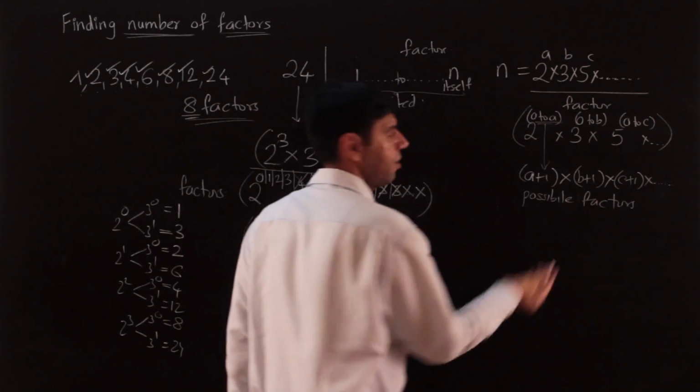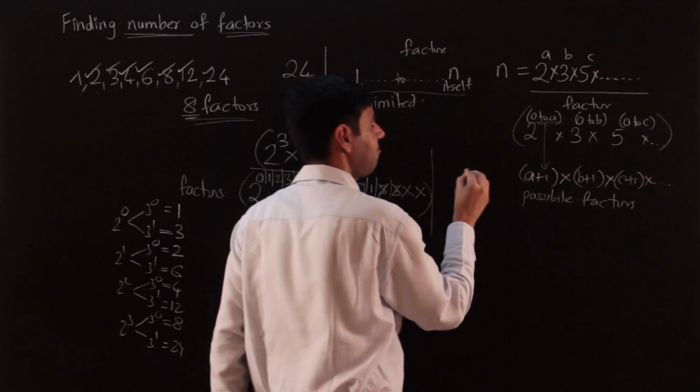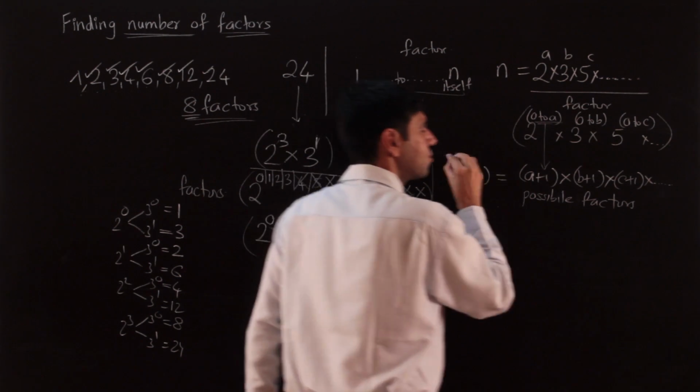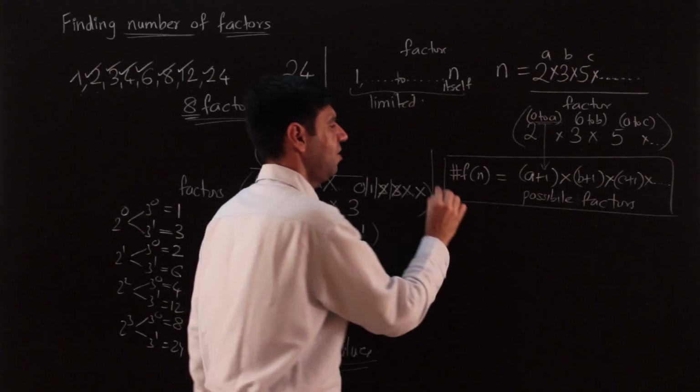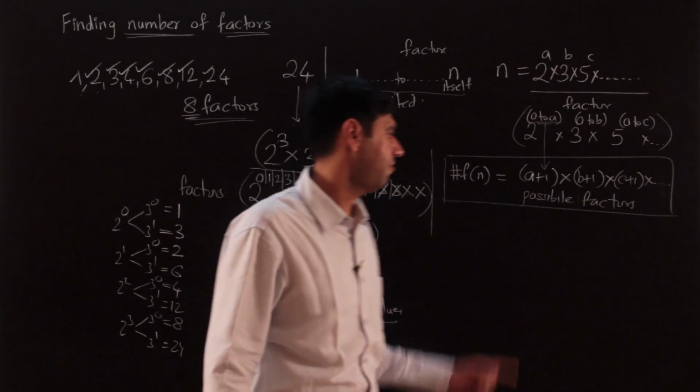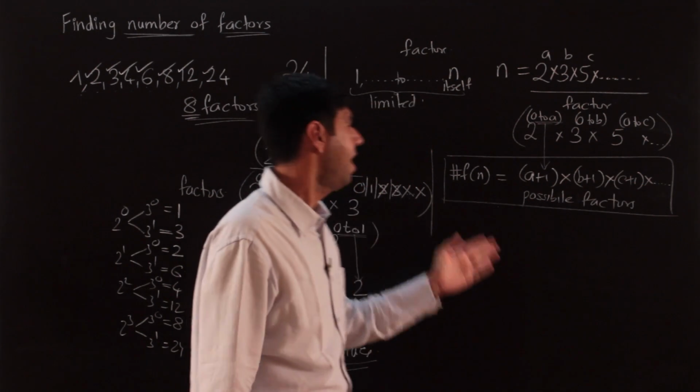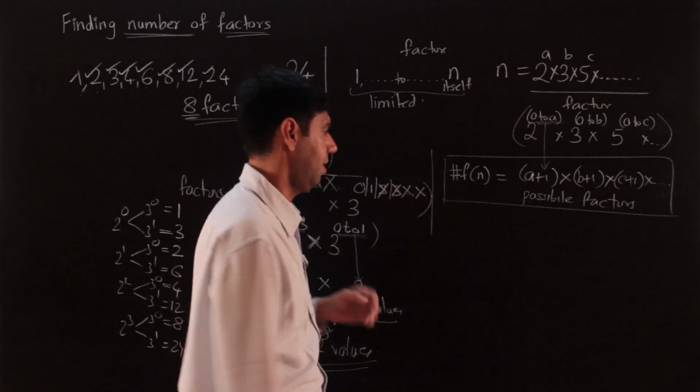This is your so-called formula. Let's denote number of factors using this notation, number of factors of n. So this formula is peddled across a lot. We don't prefer just giving formulas. You should have a clear idea of where this plus 1 comes from, because you're taking from 0 to that value out over there, right?